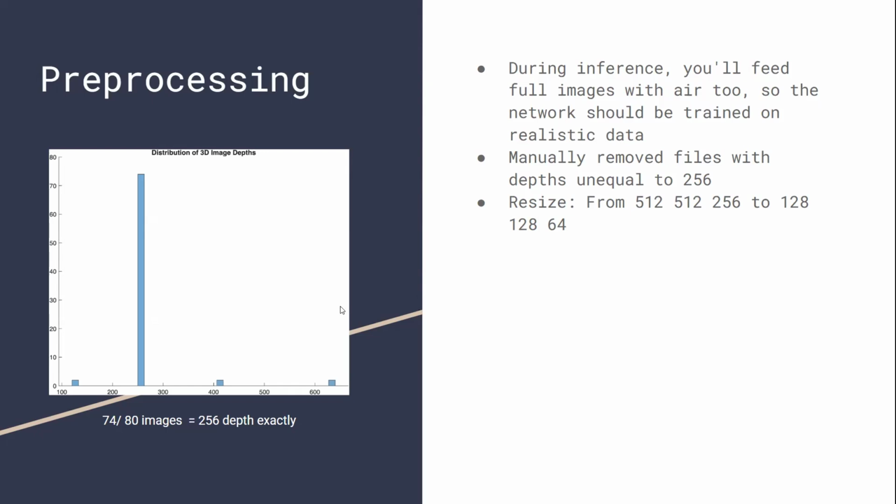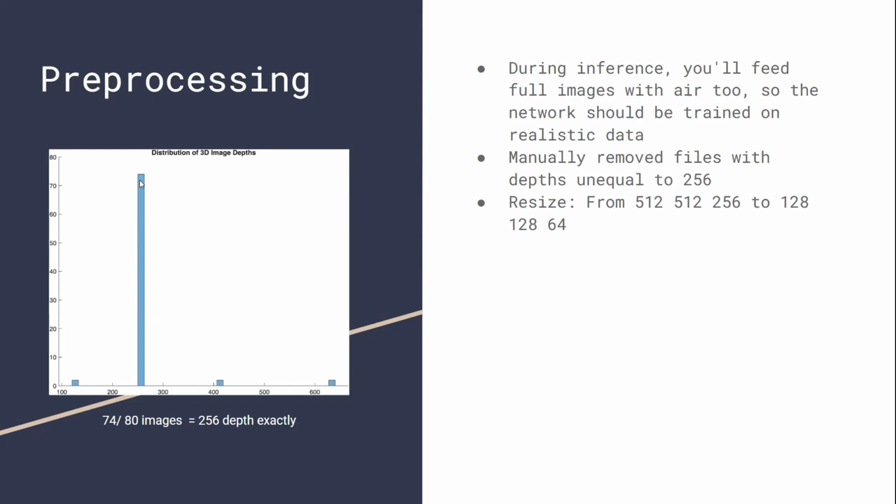As we see on the graph here, a large majority of our images had an image depth exactly equal to 256, but there were outlier images that had depths such as 120 or 410 or 650. So we decided to remove those images as we wanted to make our data set as consistent as possible.